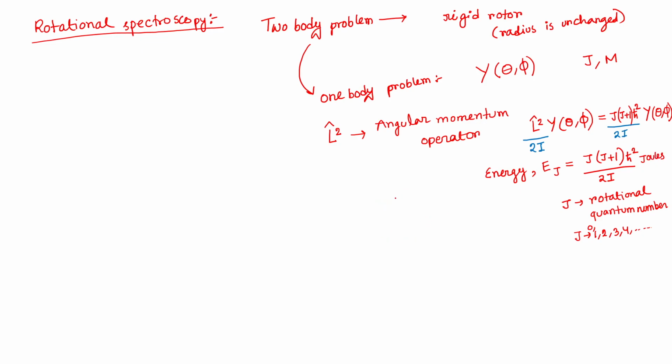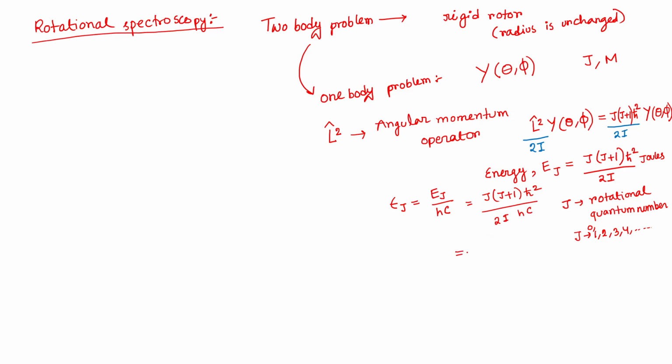Now most of the time we are going to need it in centimeter inverse, so we will divide EJ by hc. So we are going to get J into J plus 1 h cut square over 2I.